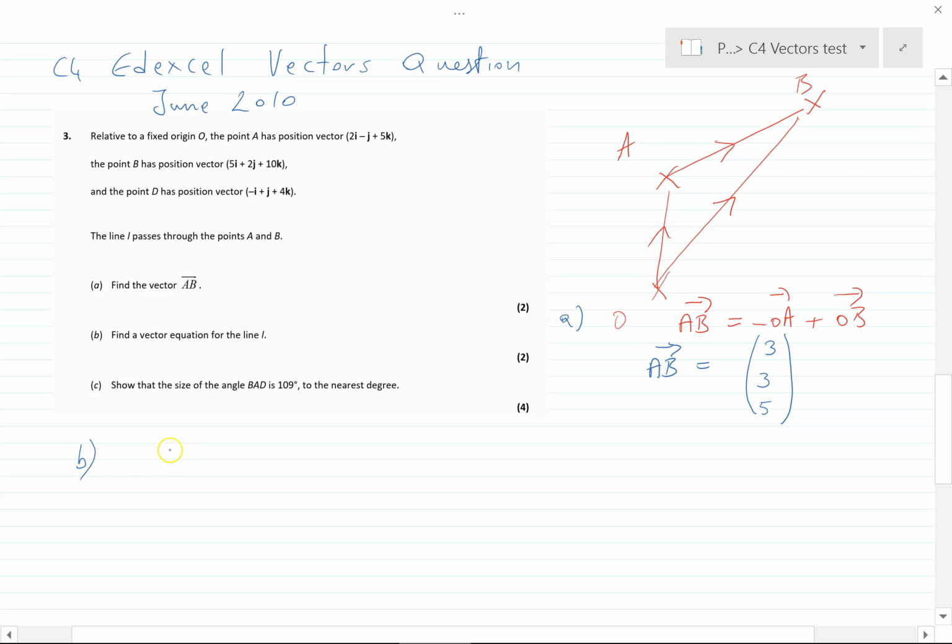We know that the equation of a line is basically any position plus lambda times a direction vector. Well, we've got 2 possible points on the line.